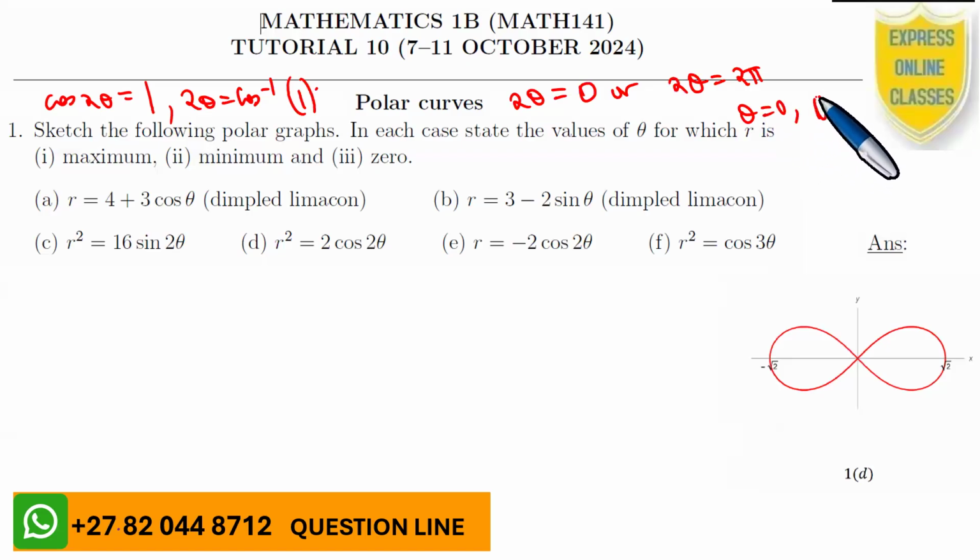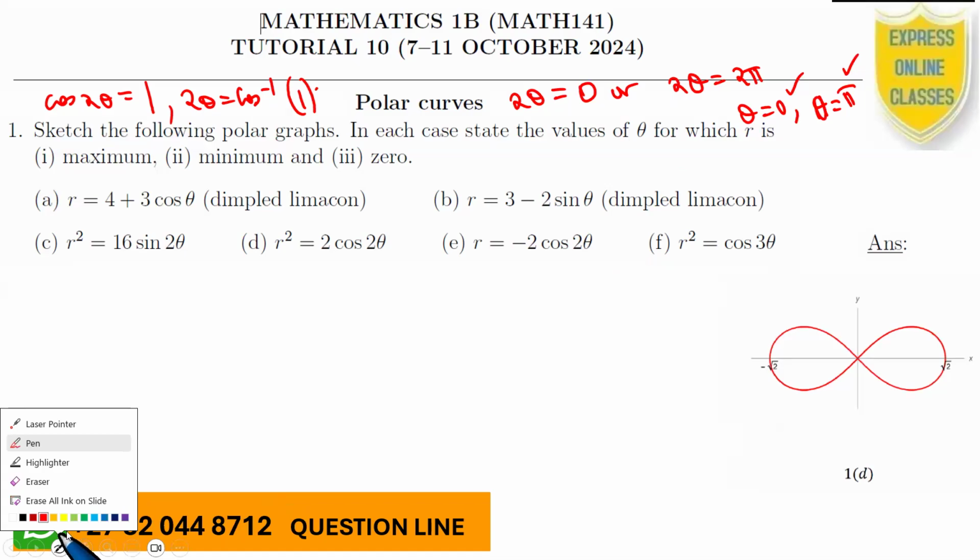Then you're going to have theta equals 0 or pi. So there are 2 of them. So you can do step 0, pi. But obviously now we do steps of pi over 2 then.